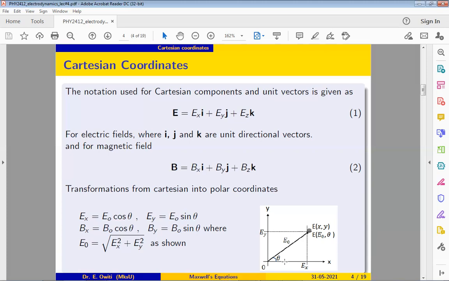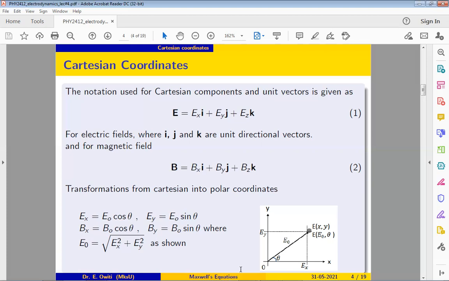If a point is in that 2D space, it can be specified using the coordinates x and y, that is the Cartesian, or r and theta. r is basically the amplitude, or it can be E naught or B naught, depending on what the amplitude is. So for the conversion between Cartesian and polar, for example, the x component of the electric field is just E naught times the cosine of theta.